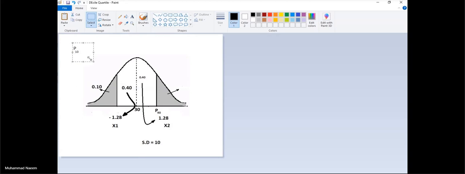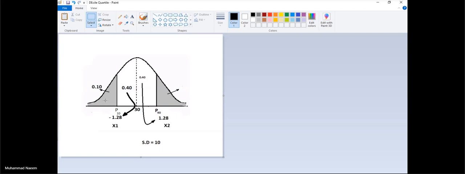This is our point P10. Here we have P10. Because P10 is a point which covers 10% of the data below this point. Remember this thing. Covering 10% of the data below this point.